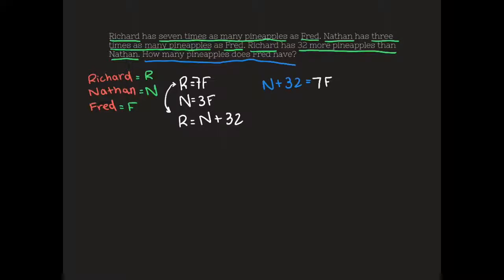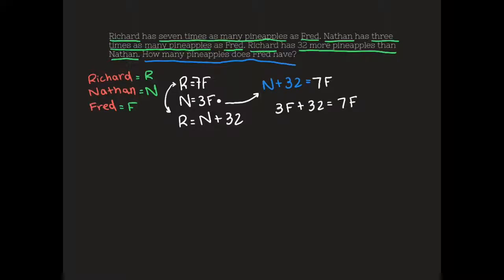But when you try to solve this, you see that you can't, because you have too many variables. You can't solve an equation with two variables without a second equation. So we take our N value from the second equation and put it in for N: 3F, which is N, plus 32 is equal to 7F.